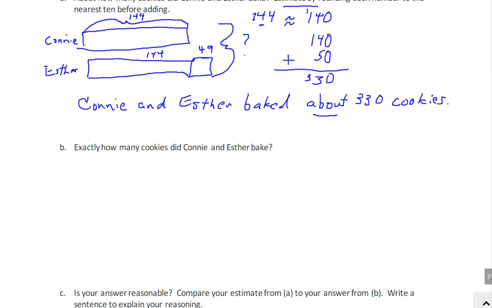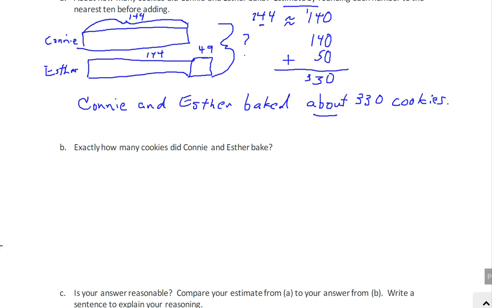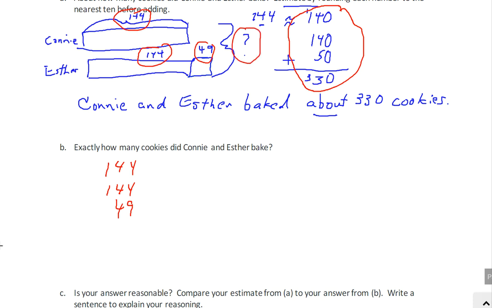So instead of doing the 140, 140 and 50, we're going to do the exact numbers, 144 and 144 and 49. Where did those numbers come from? They came from right here. That gives us the exact answer.